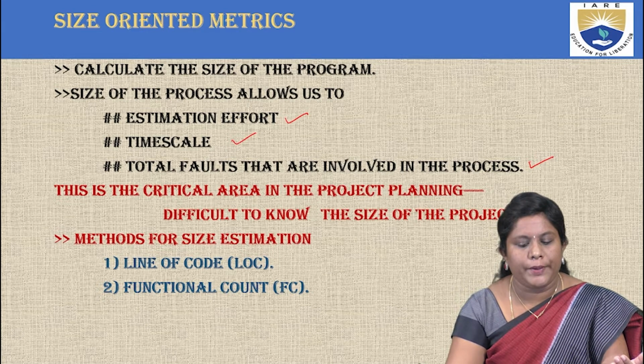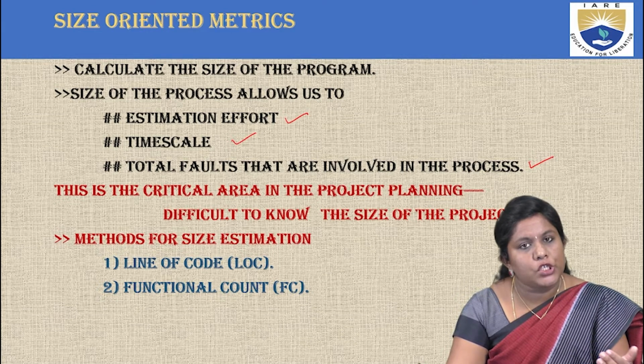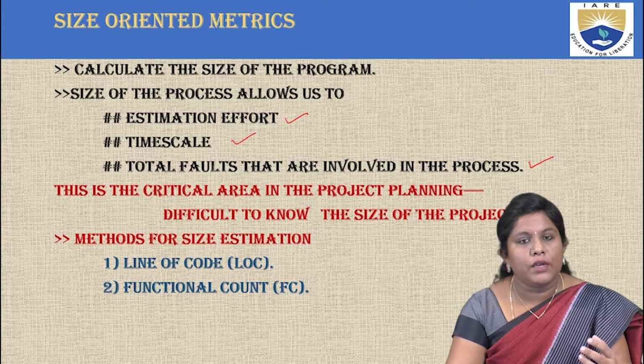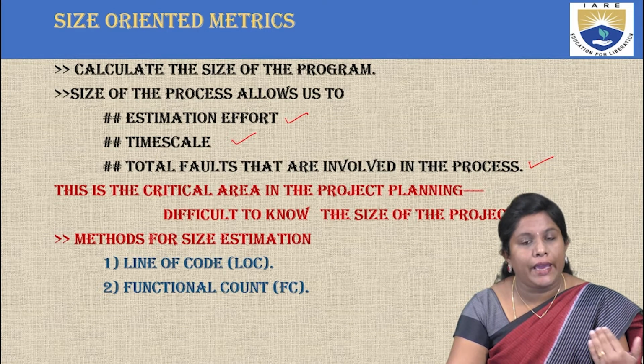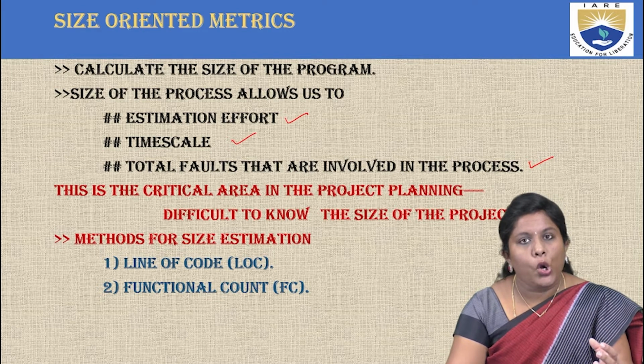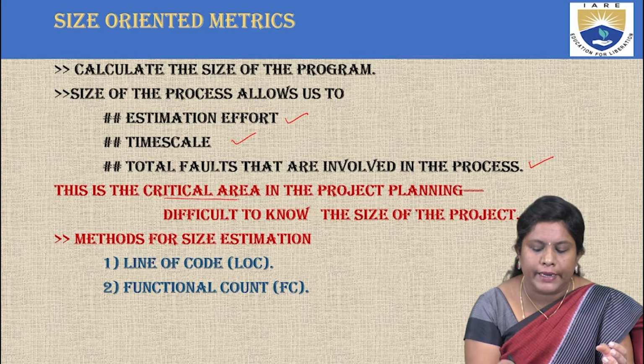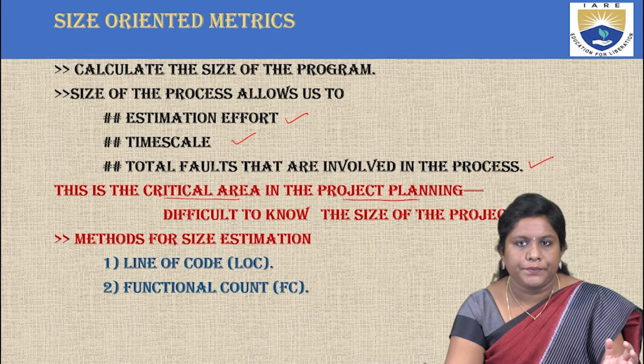The size of the process also allows you to focus on the effort put in by persons per month, in how much time period, and how many errors you are trying to trace out. All these things are a critical area in project planning.